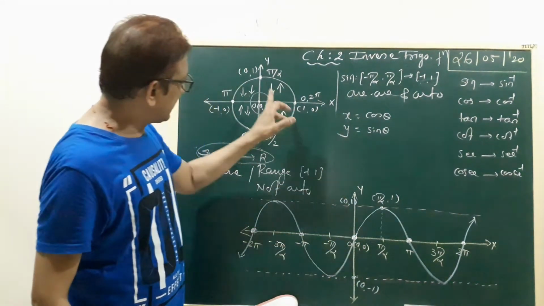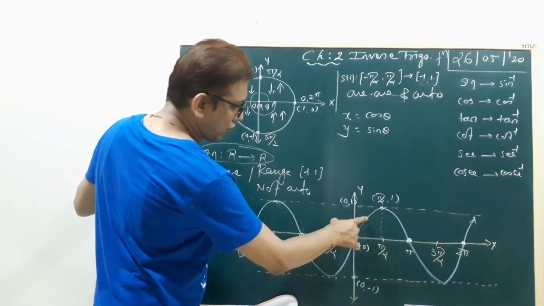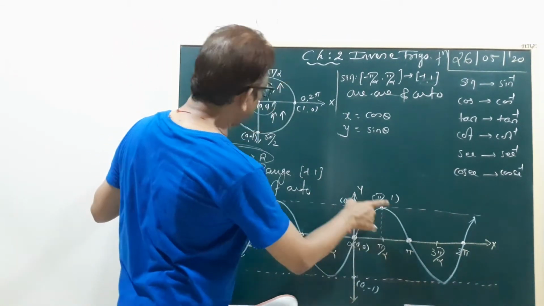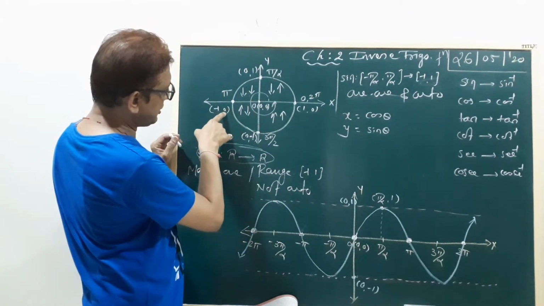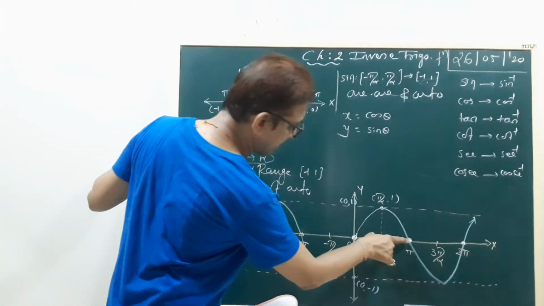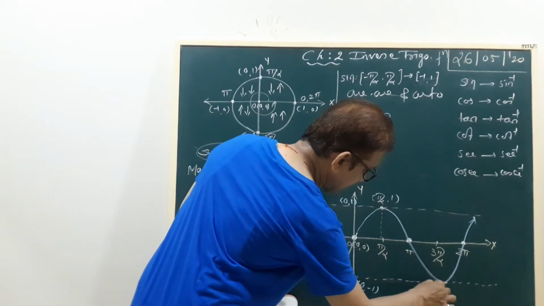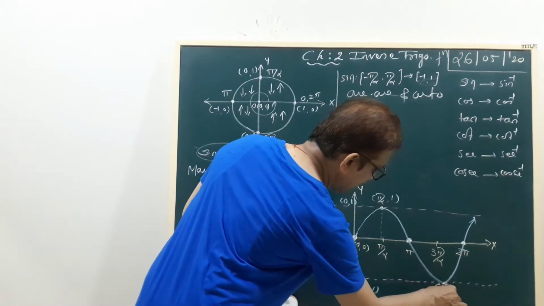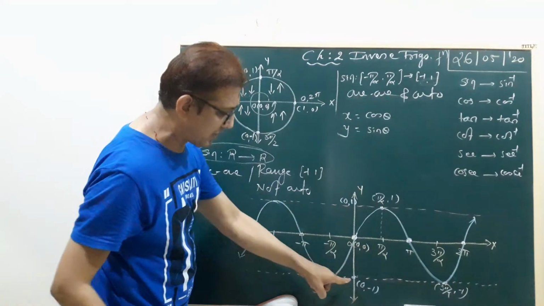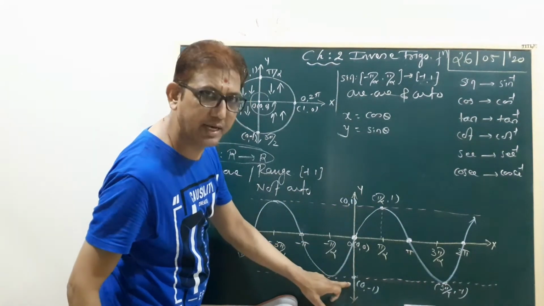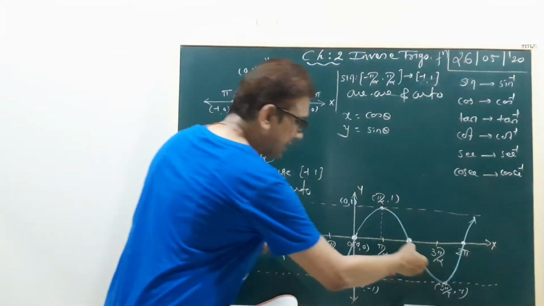Okay. So here we graphed the first quadrant and second quadrant. Now we discuss the third quadrant. 0 to minus 1, again decreasing. Here sine 3 pi by 2 value is minus 1. Here the maximum value is 1 and the minimum value is minus 1. Okay. We continue.